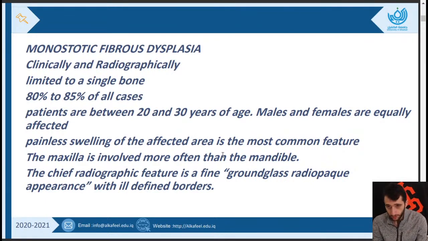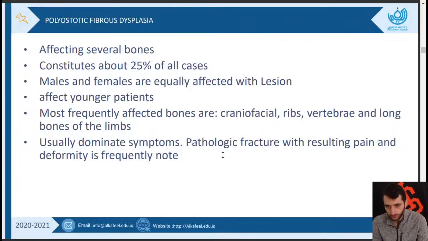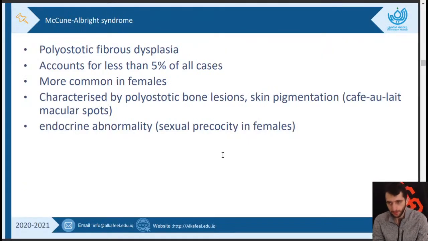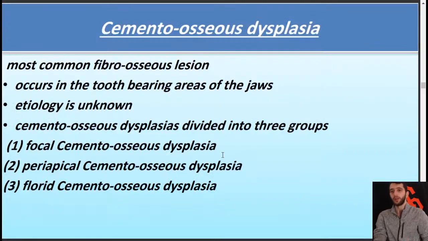A monostotic adult, polyostotic with young, Albright syndrome. I don't know, we do not have to pay that much attention to females, males, which one is causing where, and it's really too much information that we do not need. That's why I'll be focusing on the focal being at the mandibular posterior area.